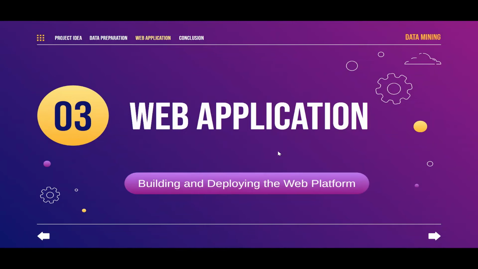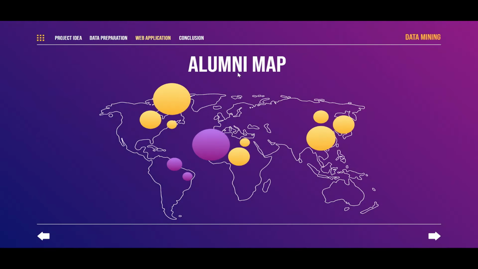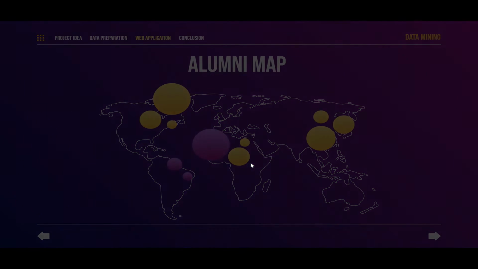Alright, so now to the web application. We want to build something that looks like this: a map in which there are dots representing alumni of a particular school, and of course the companies that they are working in, and much more.